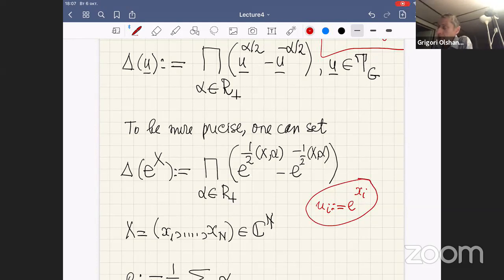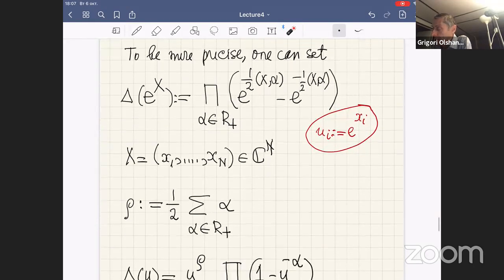Now it makes sense. This is just the ordinary inner product in Cn. And this expression takes this form, so no problem. Of course, it's a multi-valued function. At first glance, it's a multi-valued function, but actually it's not.